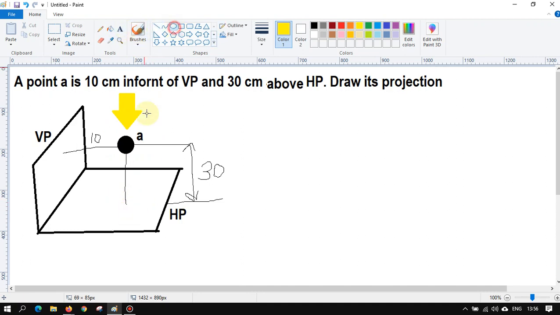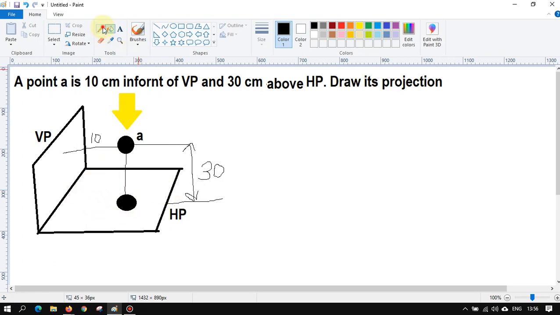That means I will be getting a circular shadow. Let the shadow color be black. So I will be getting a black shadow over here. Am I wrong or right? Right, sir.